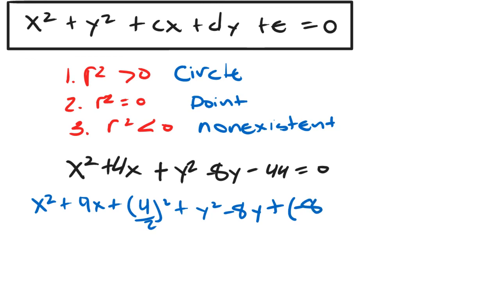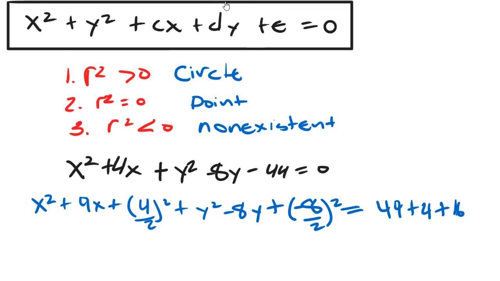Squared. I'm going to add the 44 to this side, but I'm also going to add everything else that we squared. So notice that 4 divided by 2 is 2, squared, so that's going to be plus 4. And then notice that negative 8 divided by 2 is negative 4, squared, and that's going to be plus 16.